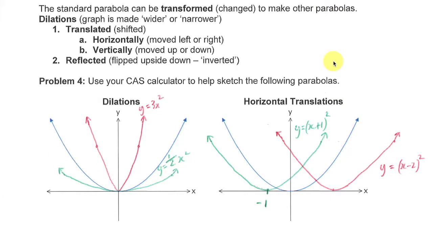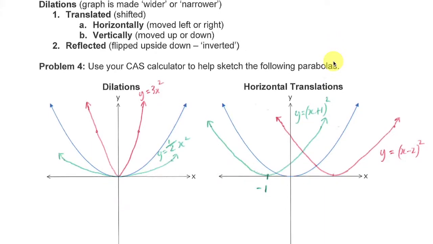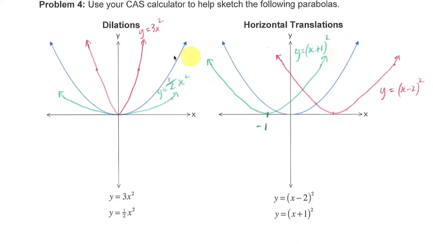Let's look at some changes around that basic parabola. Firstly, let's look at dilations. So in blue, we've got the standard y equals x squared. In red, I've got y equals 3x squared.